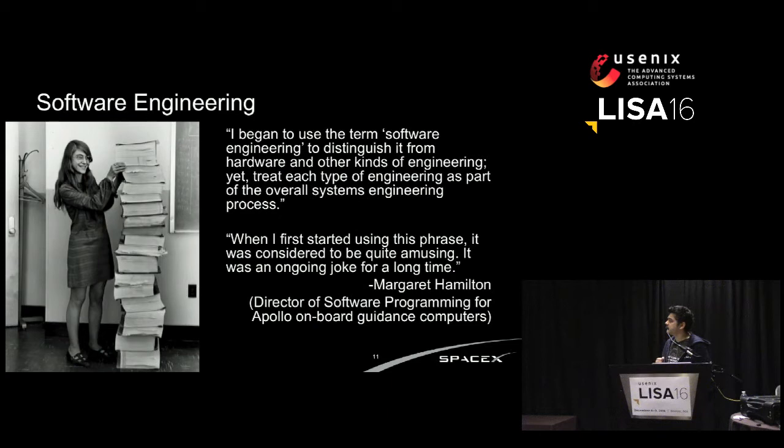Her reason for doing this was because she both wanted and needed the art of producing software to be treated with the same level of respect, the same level of care, and the same integrated design model as hardware, electrical, and structural engineering. And obviously, her peers found it kind of amusing to call software development engineering.